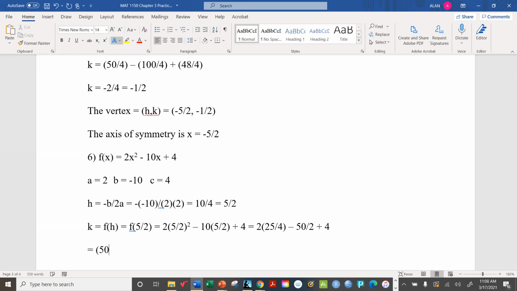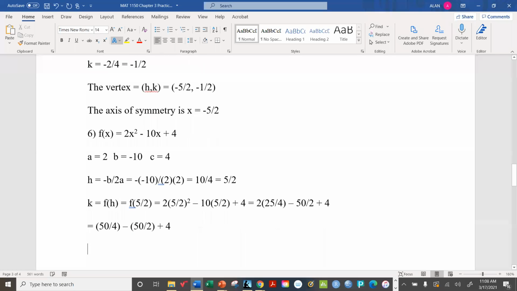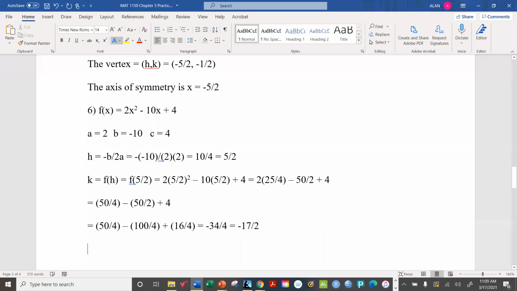It's just a coincidence, I think. So we'll reduce everything to fourths. So you've got minus 34 fourths or minus 17 halves. Okay. So the vertex is h comma k, or 5 halves comma negative 17 halves.